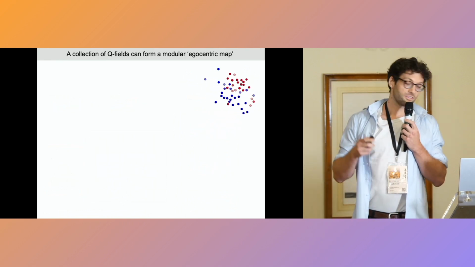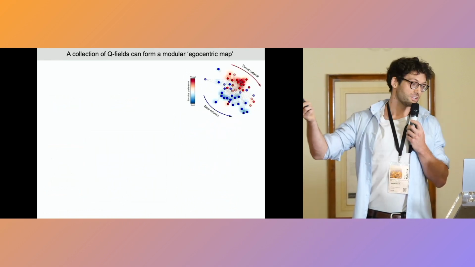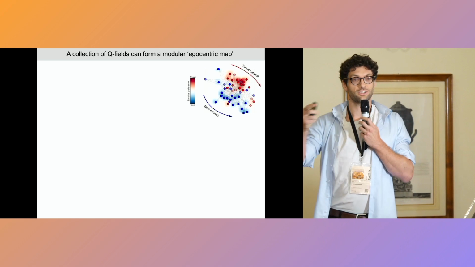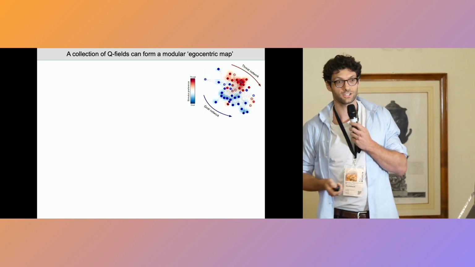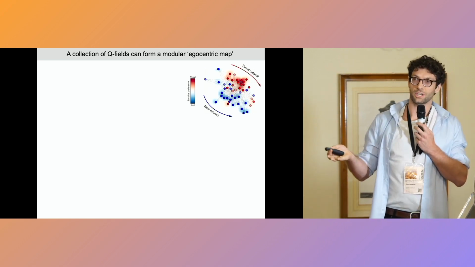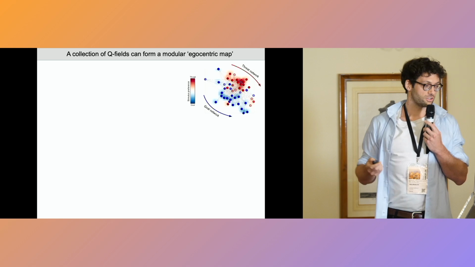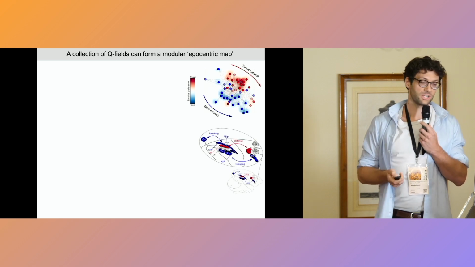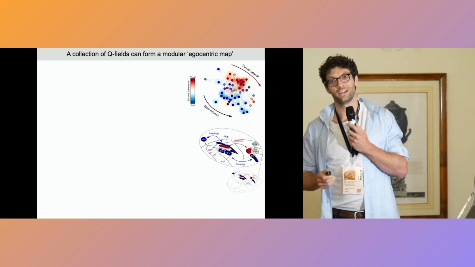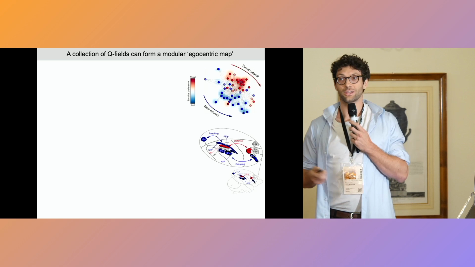But maybe slightly less expected is that if you get an agent to perform a simultaneous avoidance and interception task, it forms two separated subnetworks, essentially showing some kind of modularity.